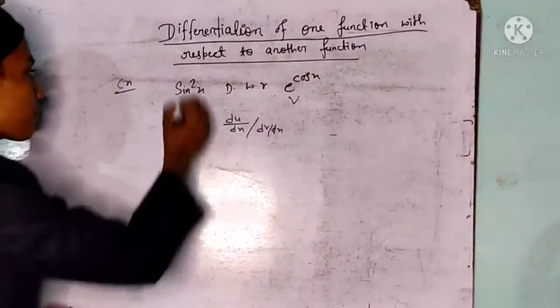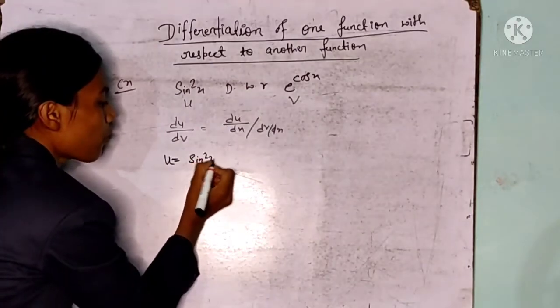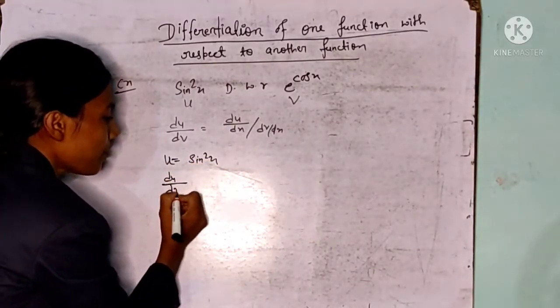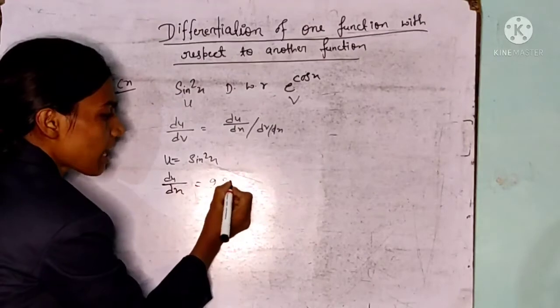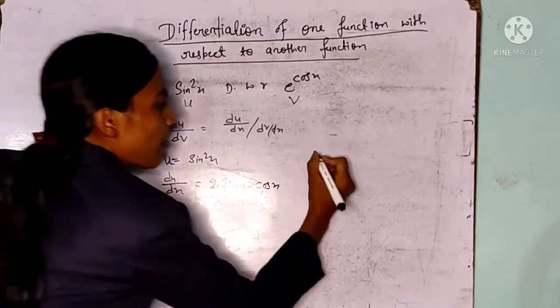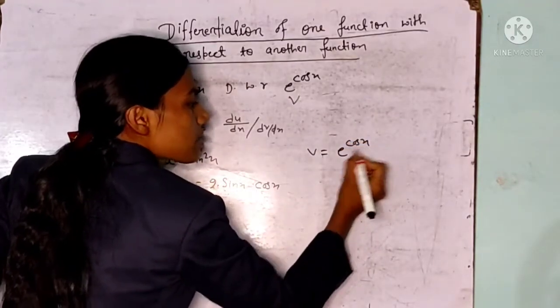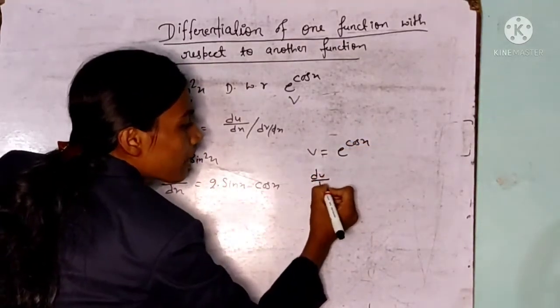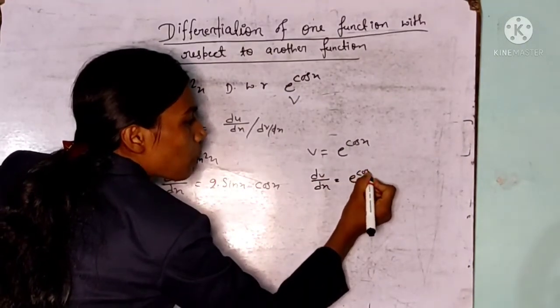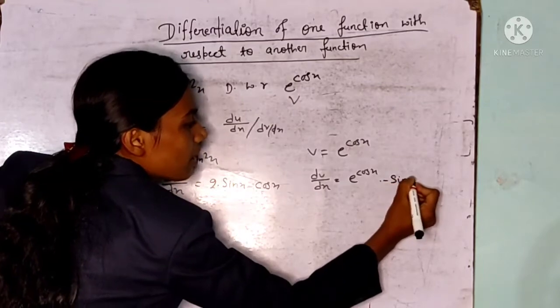Now see, u is equal to sin squared x. So du/dx is equal to 2 sin x into cos x. Next, v is equal to e^(cos x). dv/dx is equal to e^(cos x) into the differentiation of cos x, which is minus sin x.